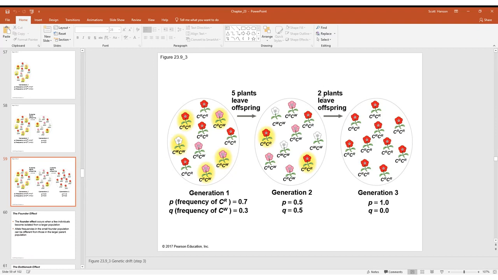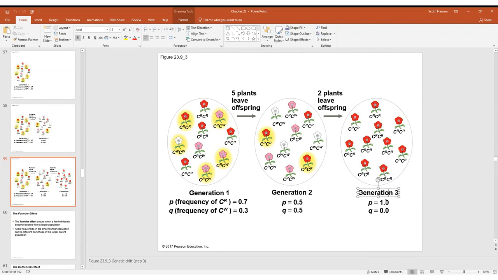Just a small sample were able to leave offspring for whatever reason, and just at random, the small proportion that was able to leave offspring just happened to be red. And so in generation 3, all of the offspring actually have the red allele, and none of them have the white allele.